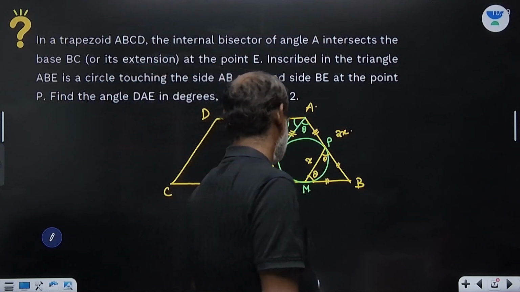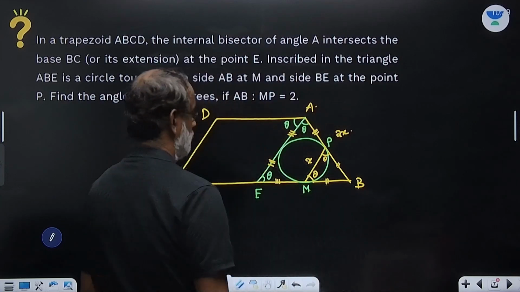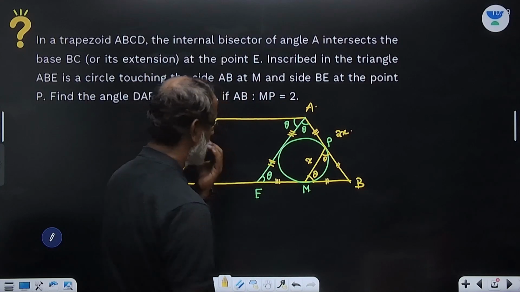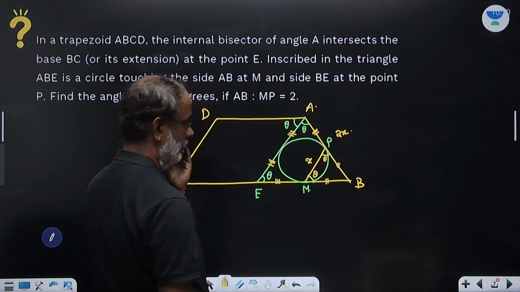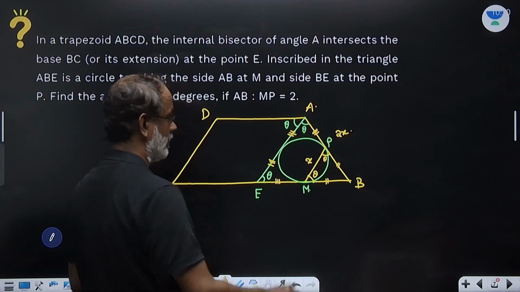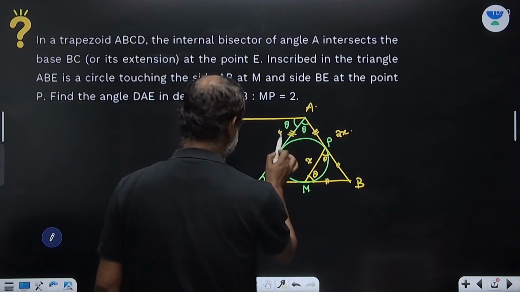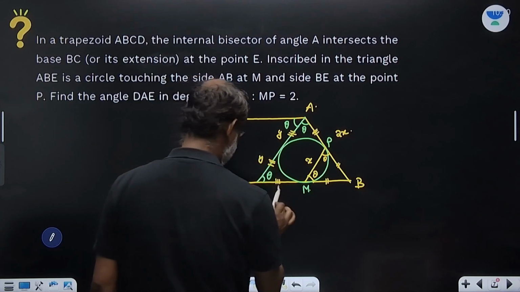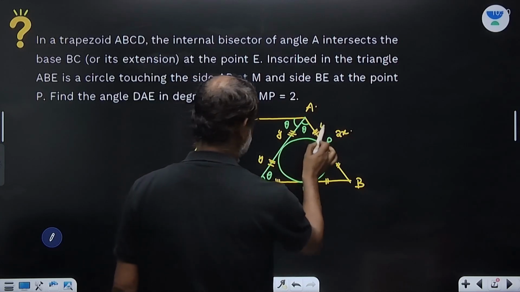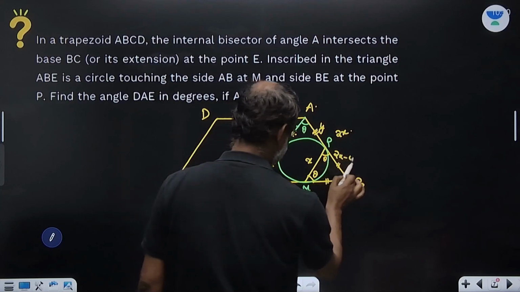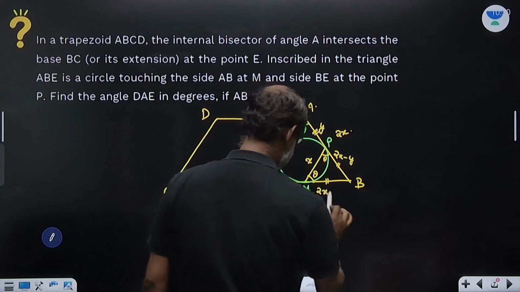Now, okay. Now, I think you can very easily make it out, okay. What we have to say is that, fine, if this is y, this is y, this is y, this is y, this is 2x minus y, and this is 2x minus y.